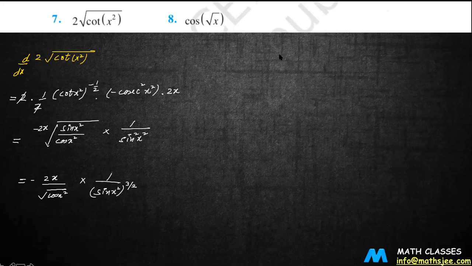So dy by dx of this is cos root x. First of all, you will differentiate the cos function, that is minus sine root x, then the derivative of root x, right? This derivative of root x, we already know what it is.